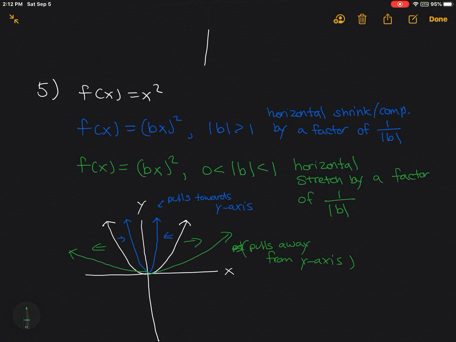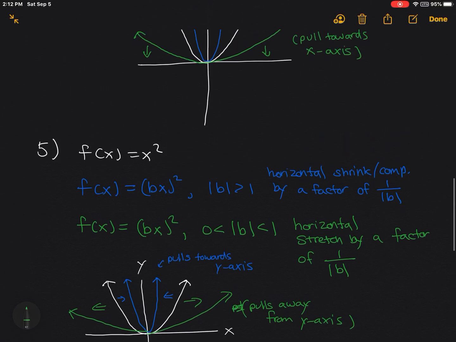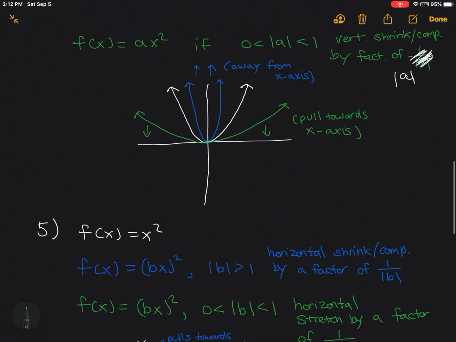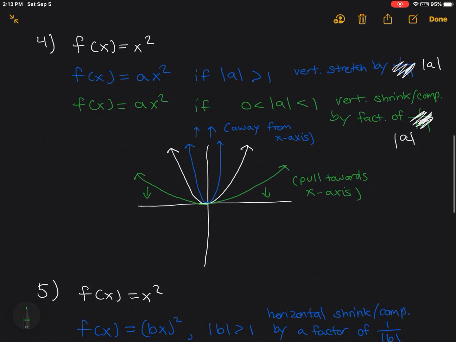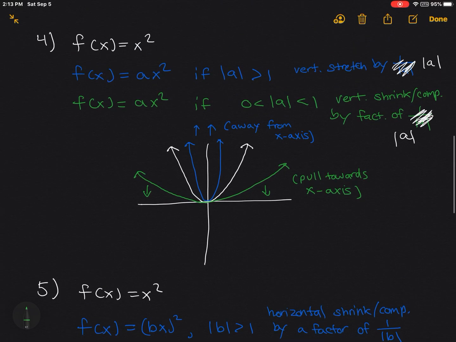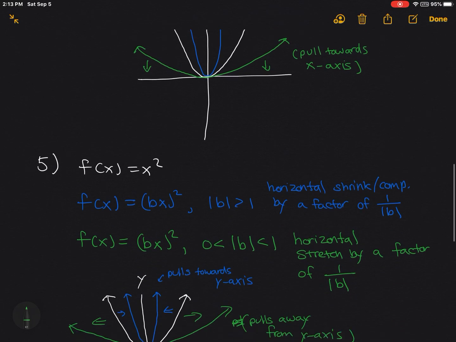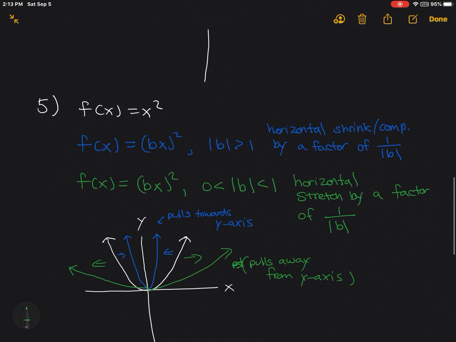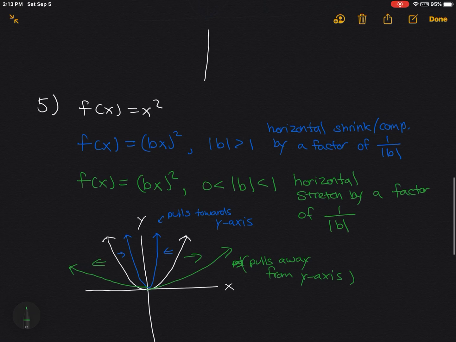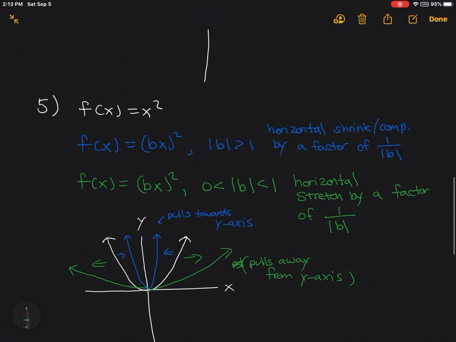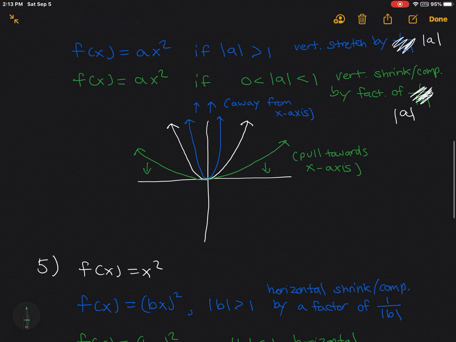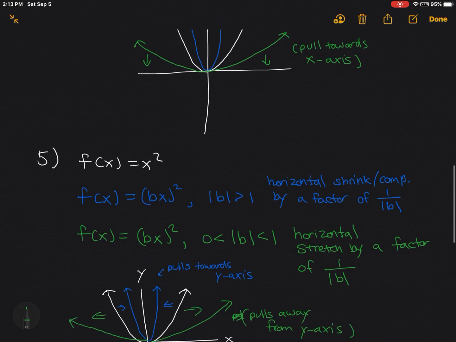And now you can think, right? Pulling towards the y-axis, which is a horizontal shrink, is the exact same thing as a vertical stretch by a factor of a, which is pulling away from the x-axis. And likewise, a horizontal stretch by a factor of 1 over b, if it pulls away from the y-axis, takes my parent function and pulls it away, it's the same thing as a vertical shrink or compression by a factor of a, which is pulling towards the x-axis.